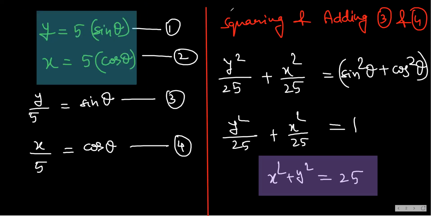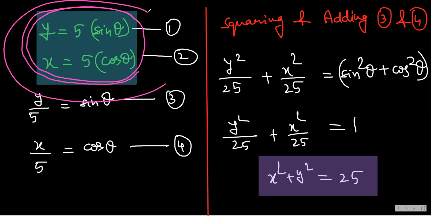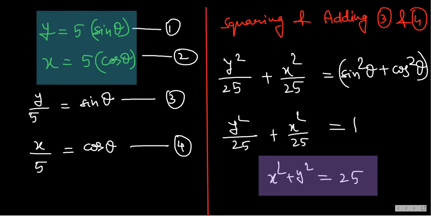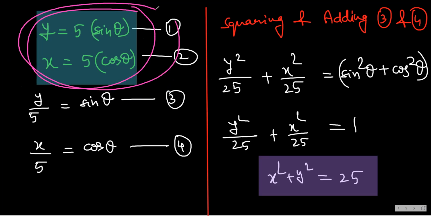So if somebody asks you where the parametric function is, you would say that this is the parametric function defined. A function which is defined with the help of these two equations is a parametric function. The meaning of function is a rule. So there is a rule that you are defining, which is a parametric function.